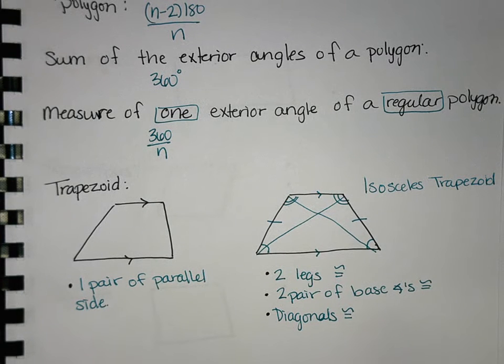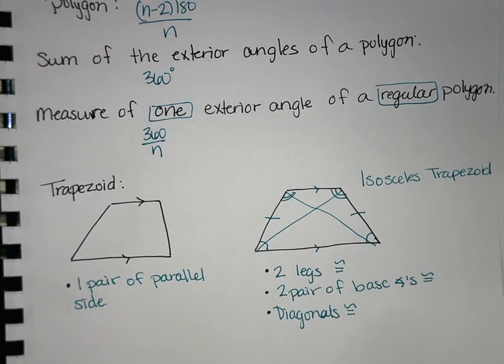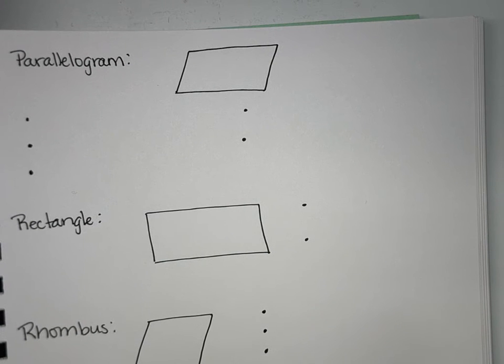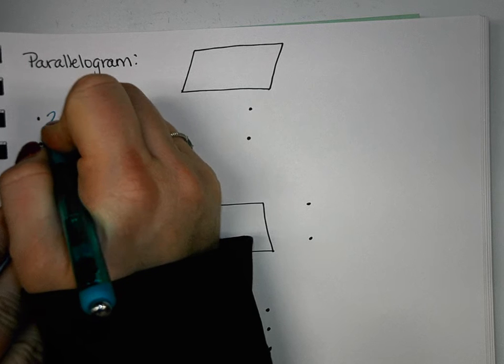64. Okay, so next up was the parallelogram. What do you remember about a parallelogram? Okay, the parallelogram has 2 pairs of parallel sides.